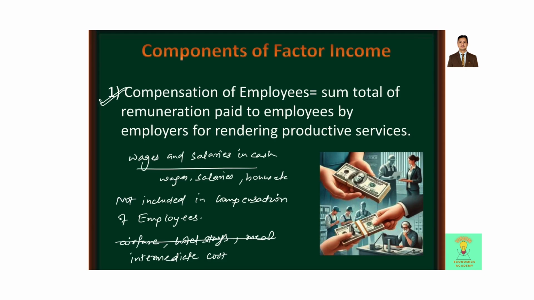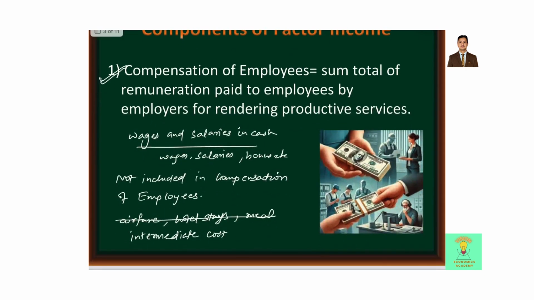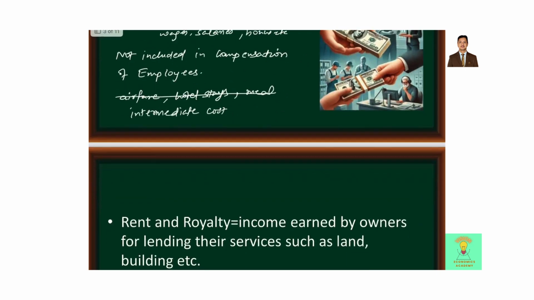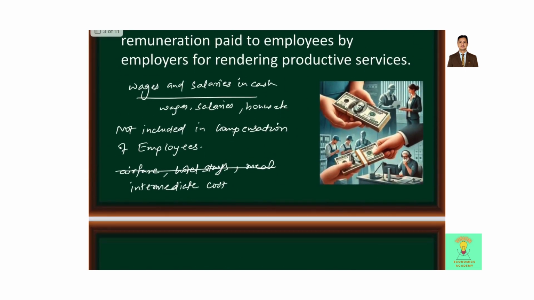Now the next component within compensation of employees is wages and salaries in kind. Now, this is not the monetary benefit. What all is included under wages and salaries in kind?